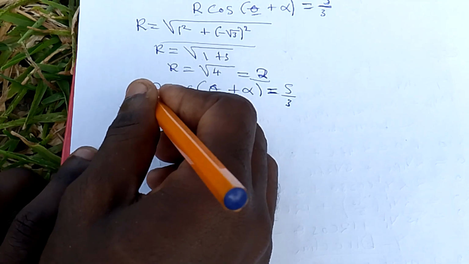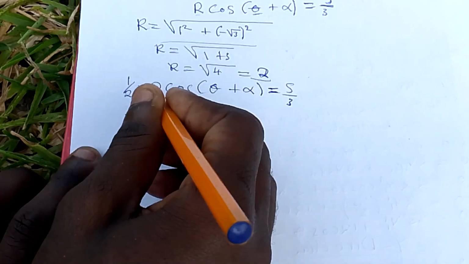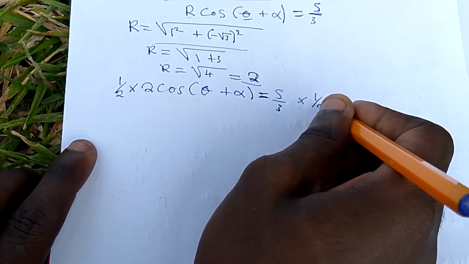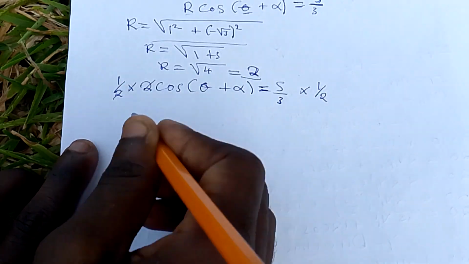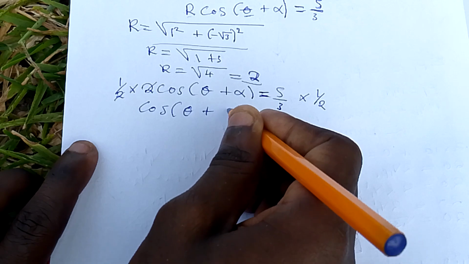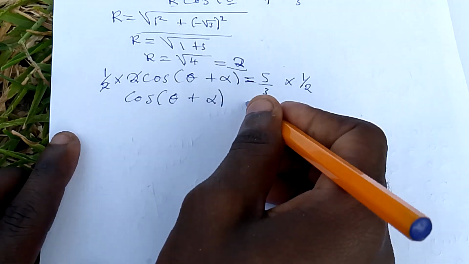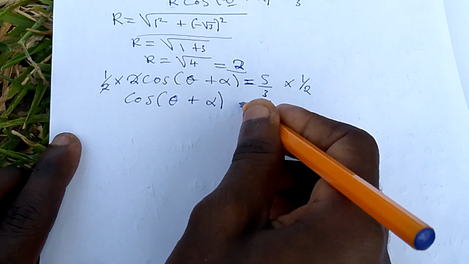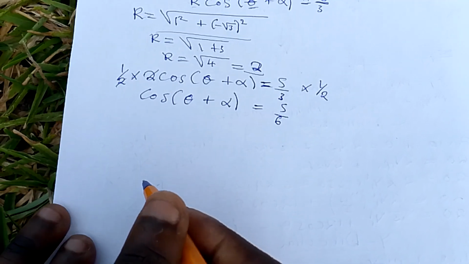We can divide both sides by 2, so that we eliminate the 2. So we remain with cos(theta plus alpha) equals 5 over 6.